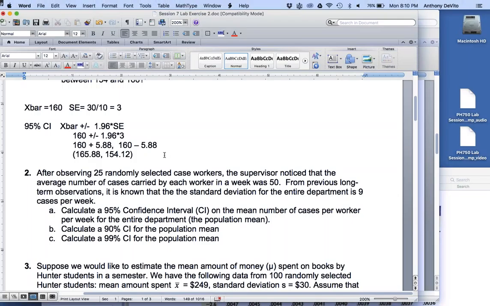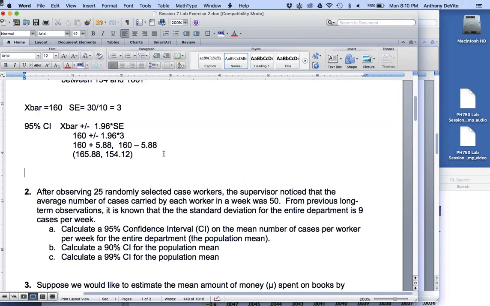Okay, let's say that I wanted to be 99% certain. What's going to happen there? Well, it's still X bar, plus or minus the standard error, but this time instead of being 1.96, what number are we going to use for the multiplier of standard error?